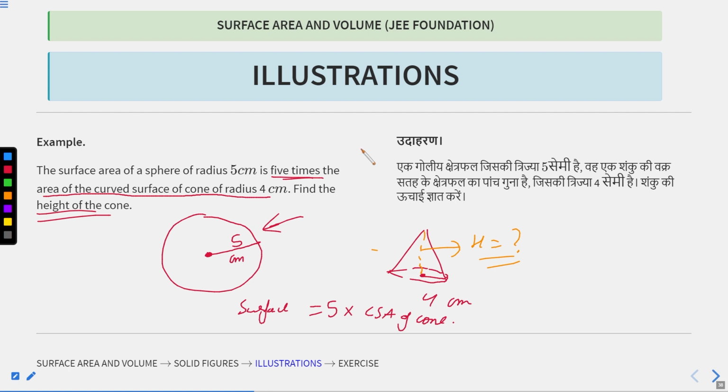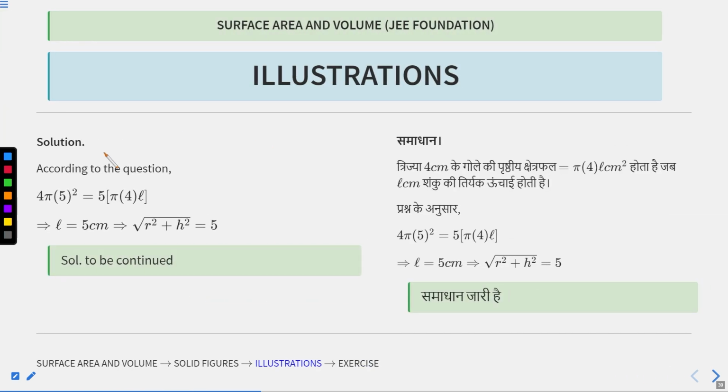So first of all, just use this information. According to the question, we know the surface area of the sphere is 4 pi r square. We know r for the sphere is 5, and just apply the formula, and it is equal to 5 times the curved surface area.